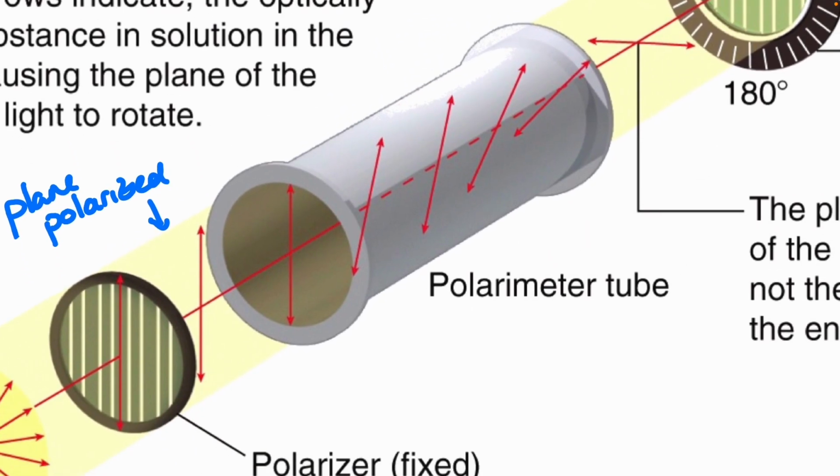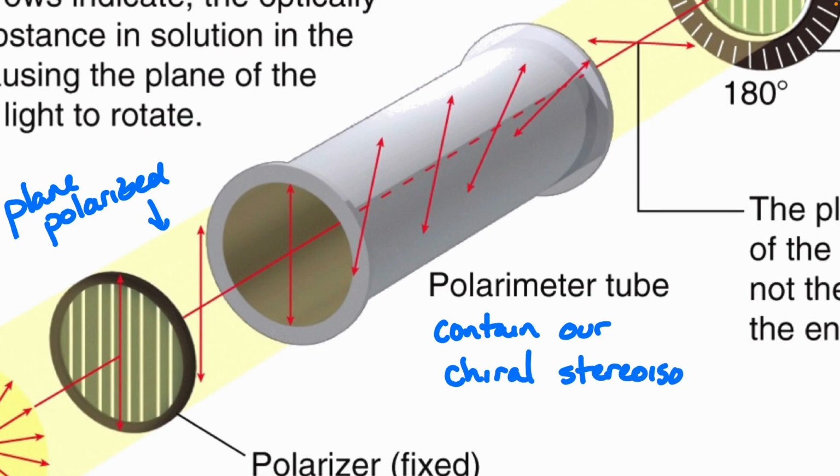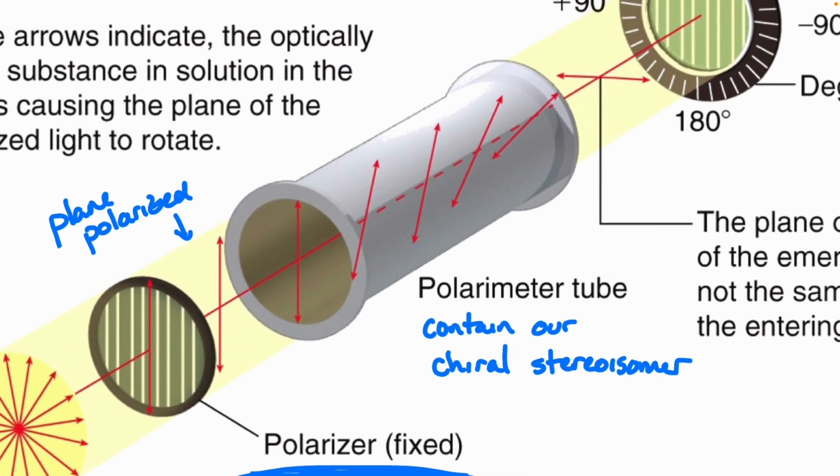And then we're going to pass it through this tube, a polarimeter tube, which contains our chiral stereoisomer. Okay? That light is going to interact with that molecule in such a way that it's going to bend that polarization, right? So you send in these wave packets that are oscillating straight up and down.